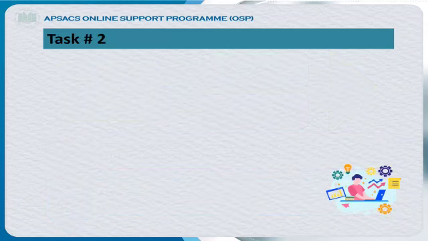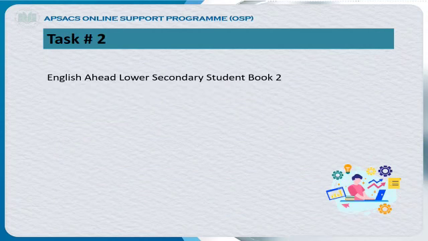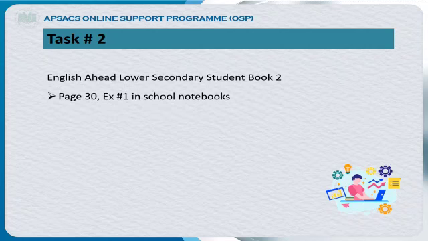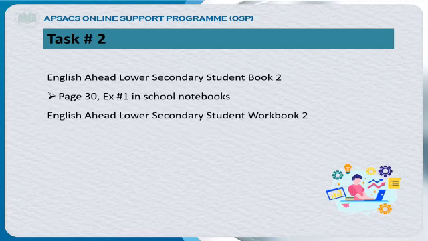So I hope this verb is very much clear to you now. For your task 2 of today, from your textbook, page 30, exercise 1, you will be doing in your school notebooks. And from the workbook, page 18, exercise 1 and 2 in your workbooks.